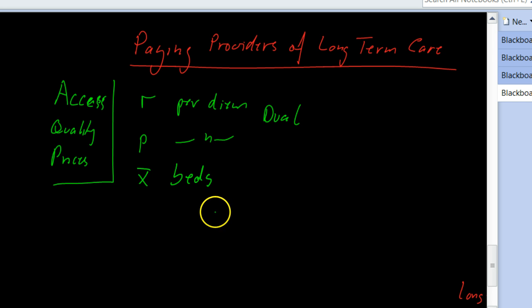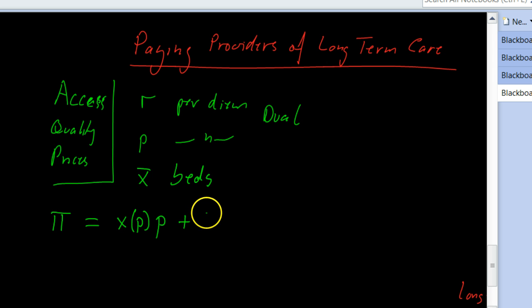So what is your profit then? Let's write down the function here. If you provide these beds, your profit will be the number of beds you give to the private sector, which depends on the price you can achieve, times the price you will get in that market, plus the number of beds you give to the public, for example Medicare.